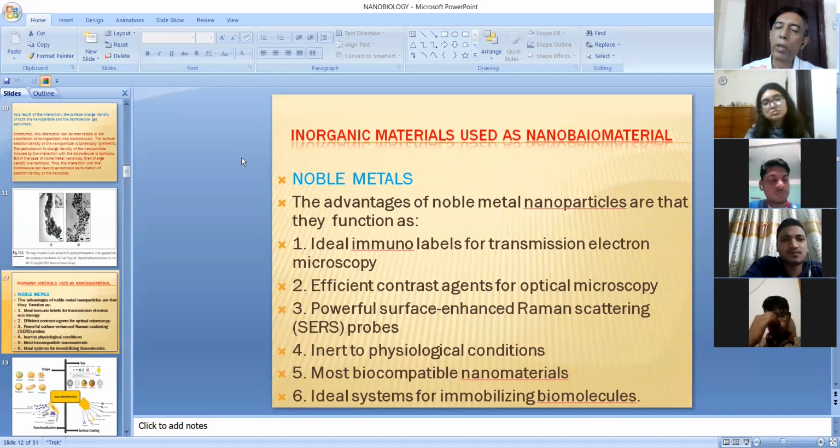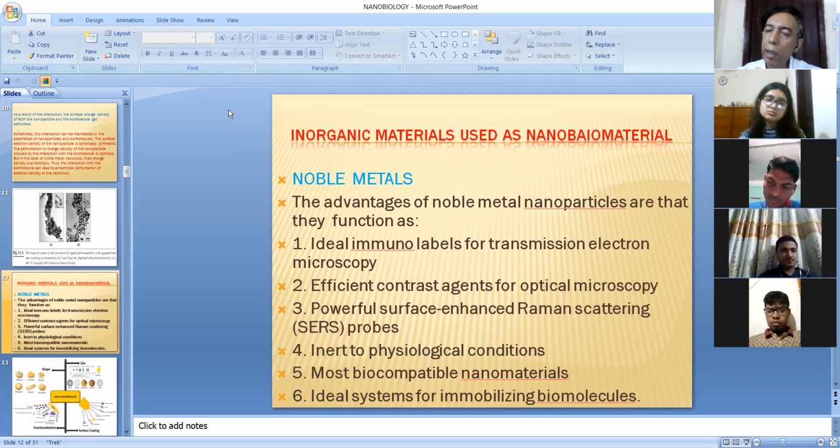Generally, to detect a material by electron microscope, we give a very thin coating of gold on that substance, because gold is very much detectable by the electron microscopy.